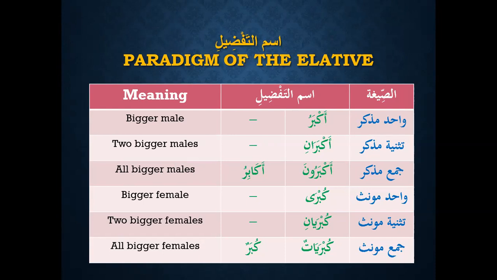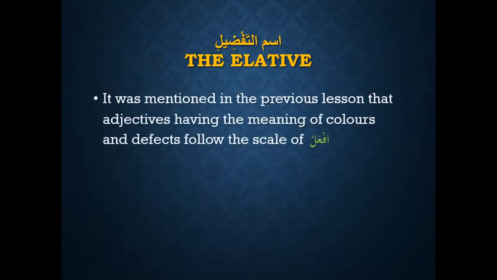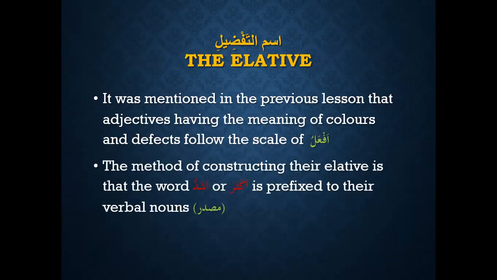Okay. In the colors, khudrun. The ayn kalima is sakina. Ayn is sakina. Here it has fatha on it. If you wanted to say that something is more dark, more deaf, so you already got the scale of af'alu for the defects and for the color.